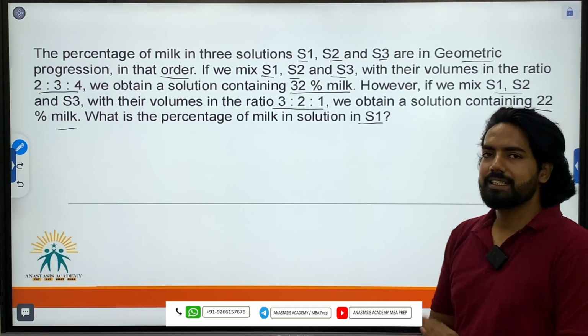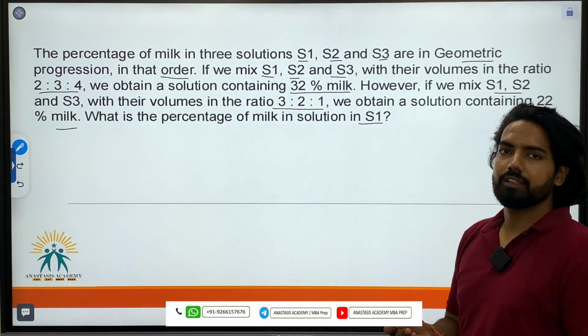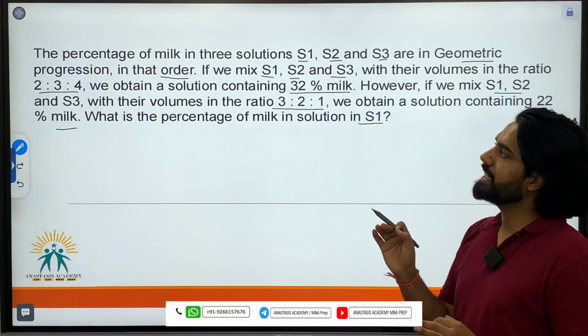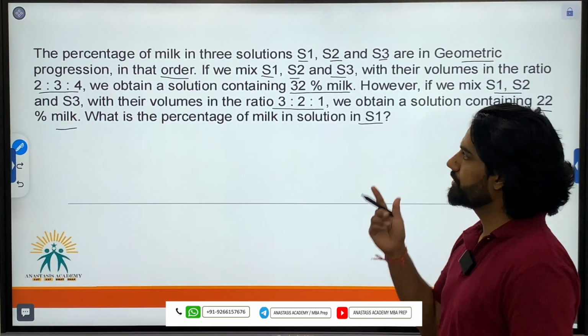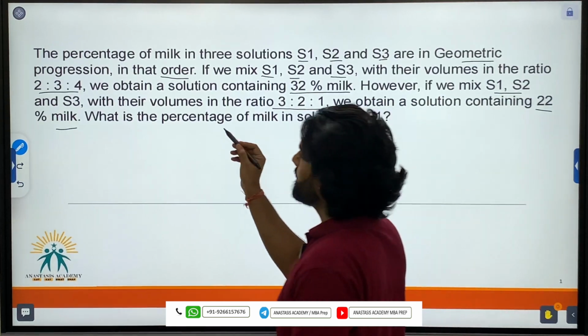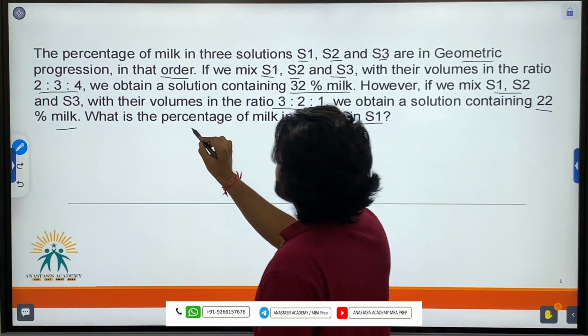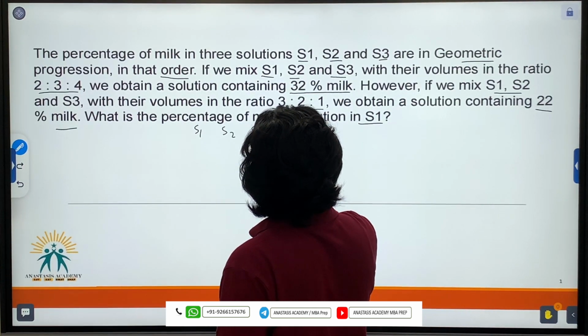So options are not there. We cannot assume any random number. It is given that percentages are in the geometric progression in these three solutions. So I'm letting these three percentages be S1, S2 and S3, right?